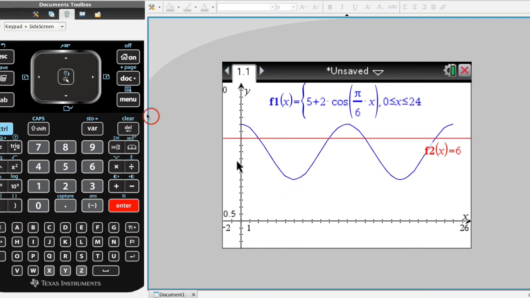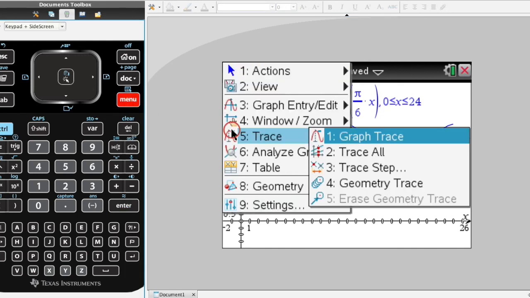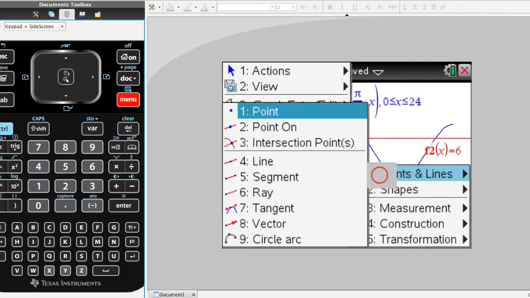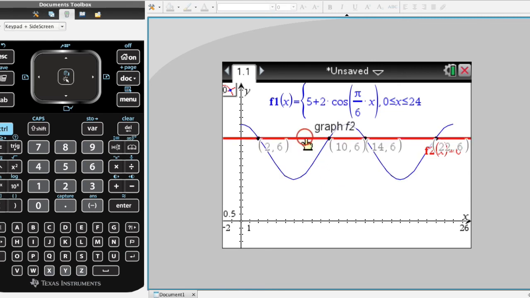But what I'm going to do is go to menu, and then I'm going to go to geometry, points and lines, and then intersection points. I now take my cursor, I move it over the first graph, select it, and then move it over the second graph, select that, and job done.